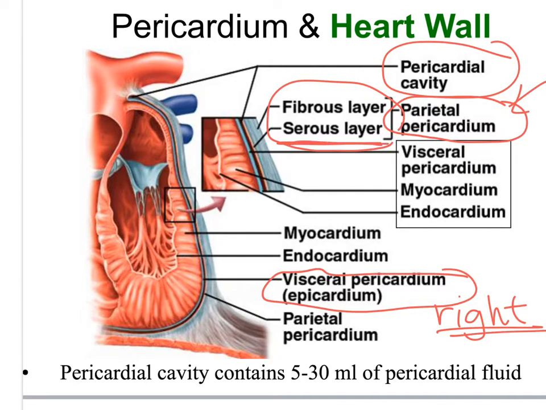If you remember, you think about serous fluids when you learned about tissues. It's made of epithelium, and it's going to secrete serous fluid so that you don't feel your heart beating in your chest. So it's going to reduce friction. There's serous fluid in there to reduce friction.